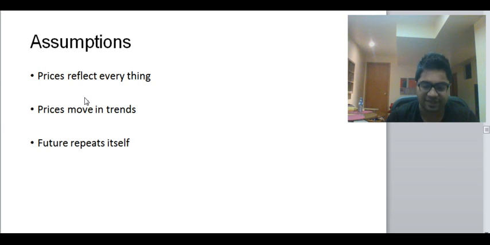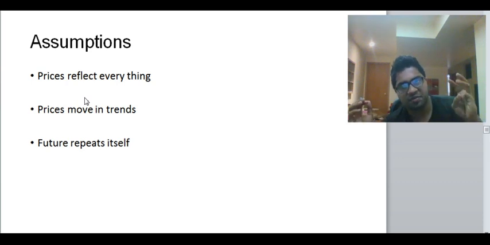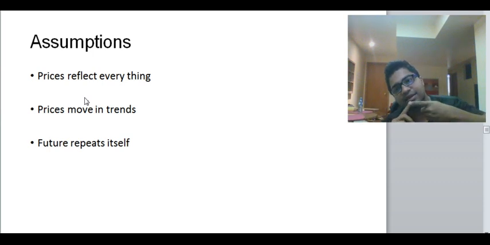Now, next is technical analysis. Technical analysis once again studies the market behavior. It studies the market behavior to analyze past patterns and predict demand and supply. So there are three parts. Technical analysis studies the market behavior, tries to analyze the past to see patterns, and tries to predict demand and supply.